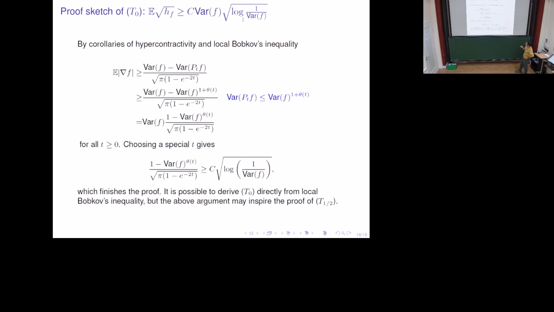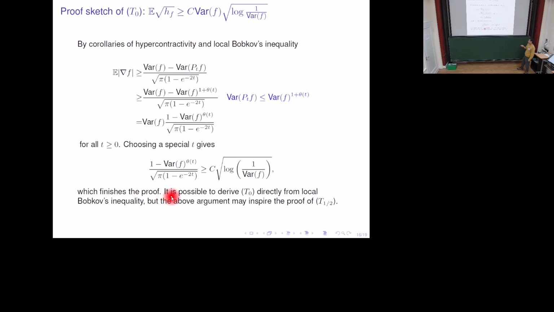And if you continue, you get variance times this quotient, then compare with this T0 inequality. It suffices to prove this quotient to be bounded from below by the square root of the logarithmic term. And you can achieve this by choosing a very special time t, and I skipped the details here. If you choose a finite time t in a clever way, you get this lower bound.